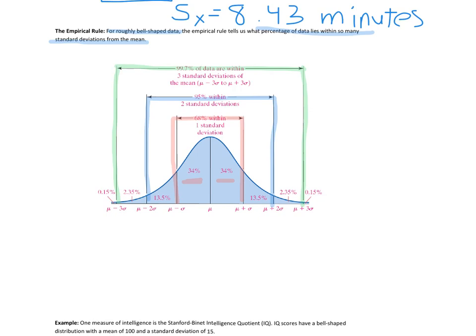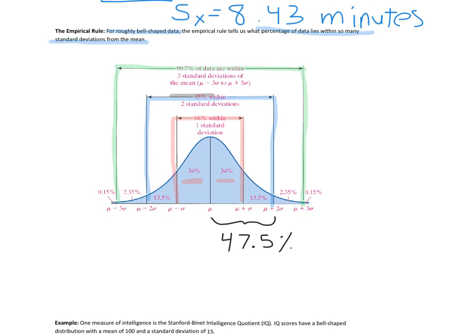All right, so that gives us a good idea of how standard deviation behaves. So look at all these other numbers. So we have all this nice symmetry. They filled in some numbers for us. For instance, let's see, I'm looking at 2 standard deviations, 95%. What's 95 divided by 2? 47.5.